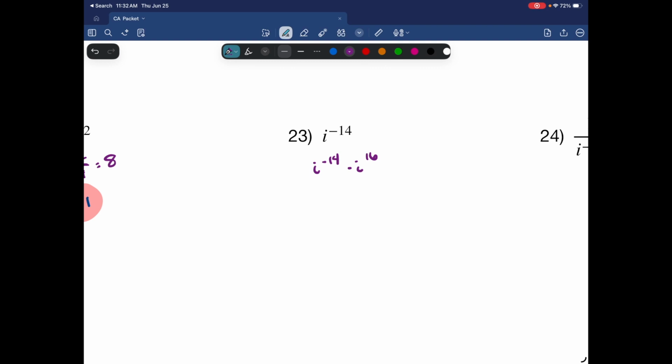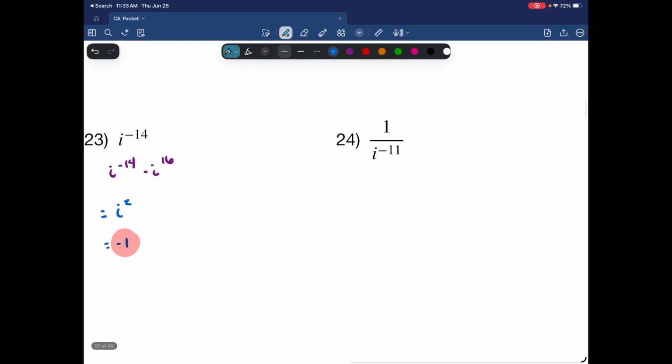Okay, so that's why it's not 15 or 14 or anything like that. I'm multiplying by i to the 16th because that's the nearest multiple of 4 that gets it into the positive exponents. And again, this is true because when I multiply like bases, I add the exponents. So this ends up being i squared, which we know is negative 1.